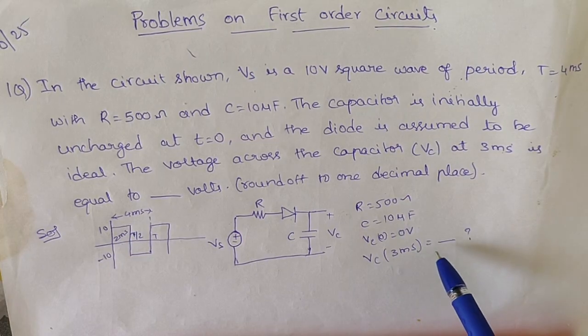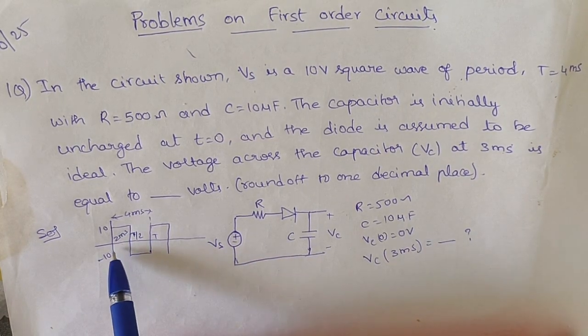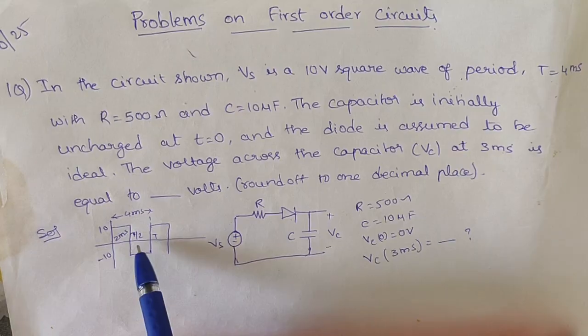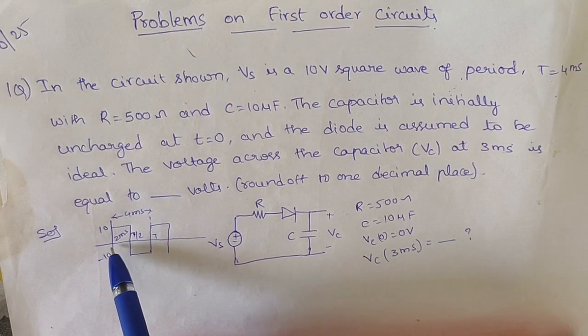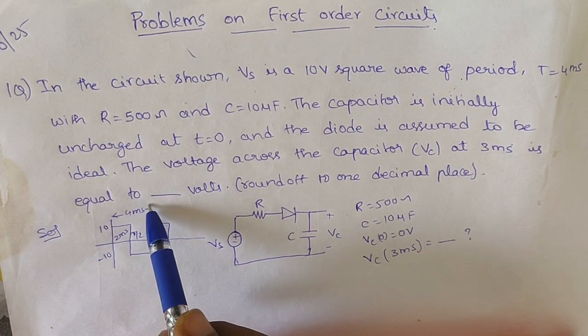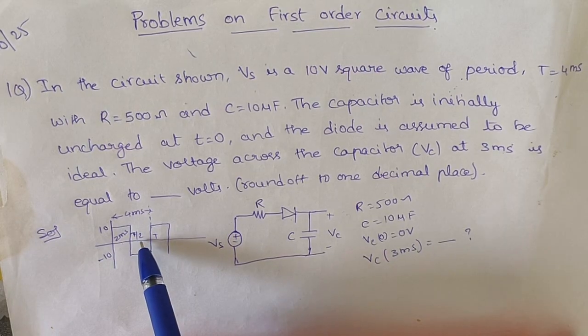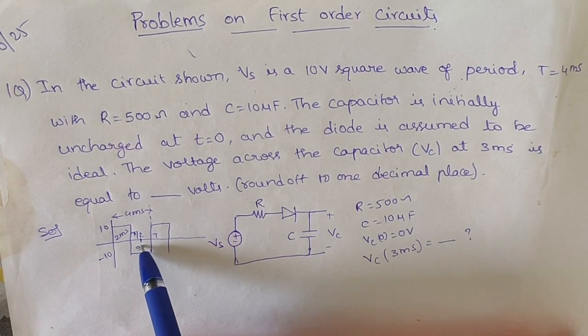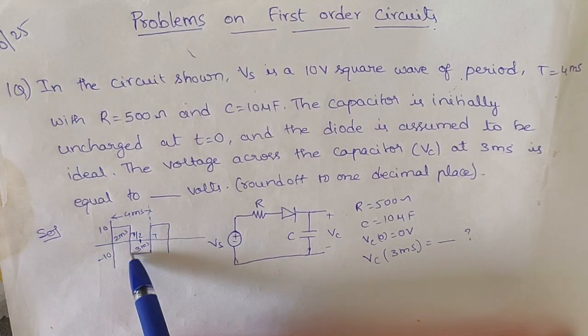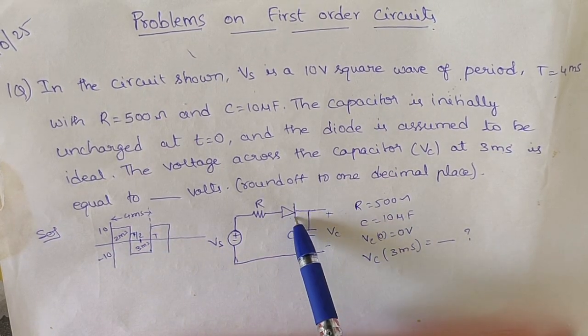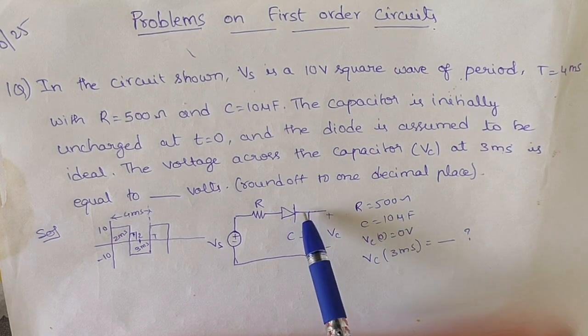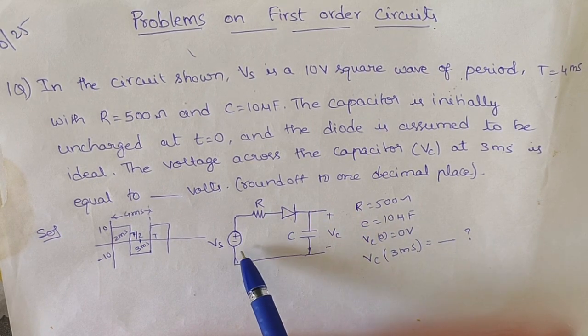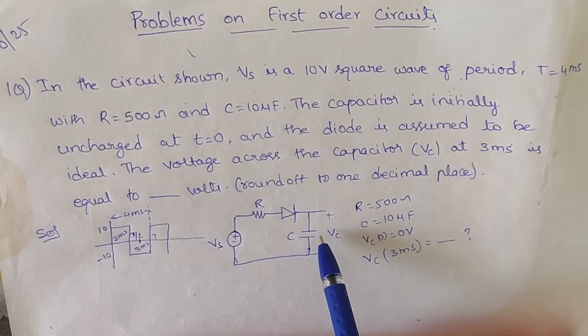In the input waveform, up to 4 milliseconds is a full cycle. They are asking for the voltage at 3 milliseconds. That means it is a negative pulse. At the time of the negative pulse, the diode will not conduct, so the input will not be applied to the capacitor.